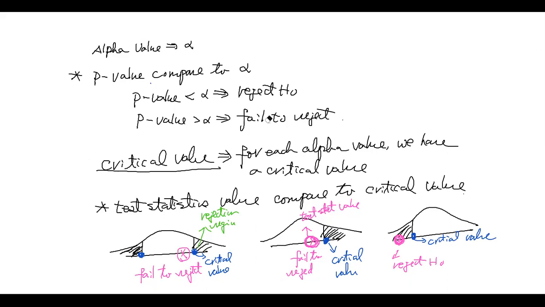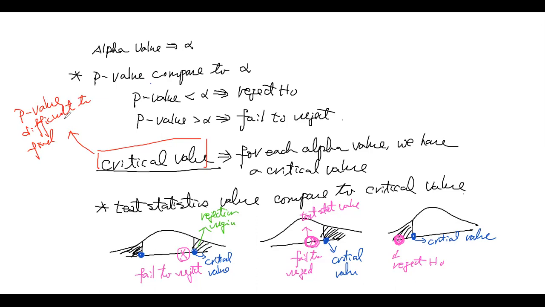The reason why we want to talk about the critical value is that the p-value is difficult to find without software support. So that's why I'm going to use the critical value.